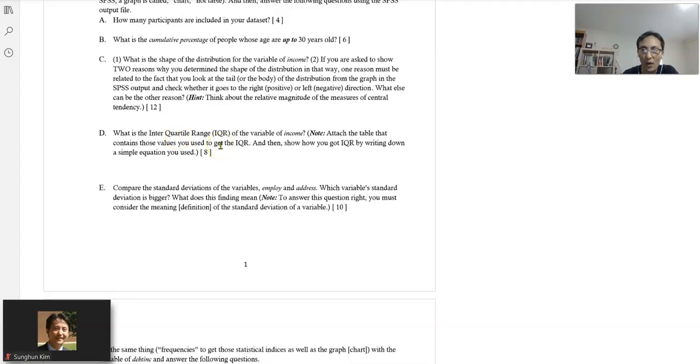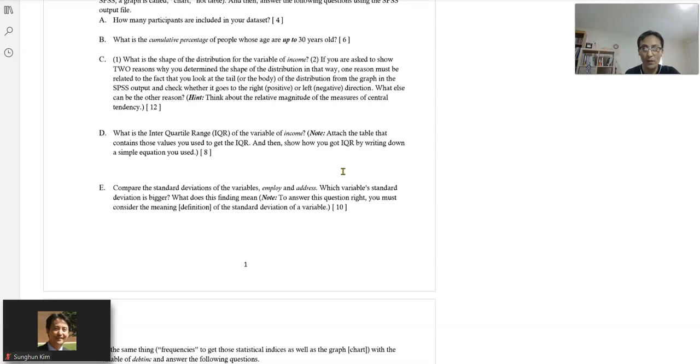the IQR, interquartile range. If you're unclear what the interquartile range means and how you are going to get it, go back to module 3 and review that concept. It is relatively very simple. And you have to show how you got the IQR value by writing down a simple equation.